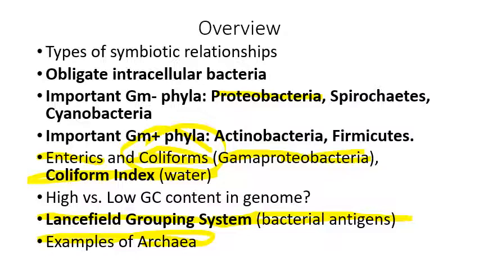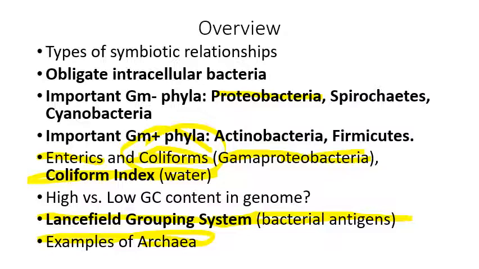And then finally, another way that we can classify bacteria is with a technique called the Lancefield grouping system, which was named after a scientist named Lancefield. Basically, she invented a method of grouping bacteria based on which antibodies they will react with, and we still use that technique today.